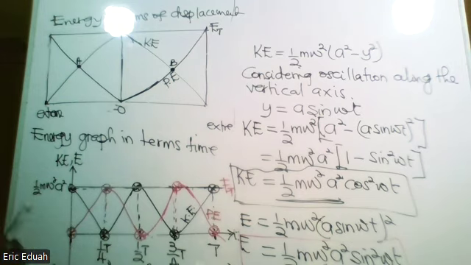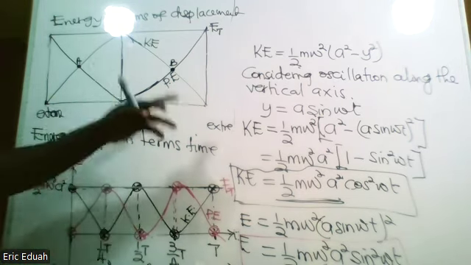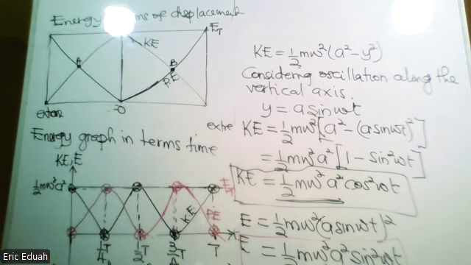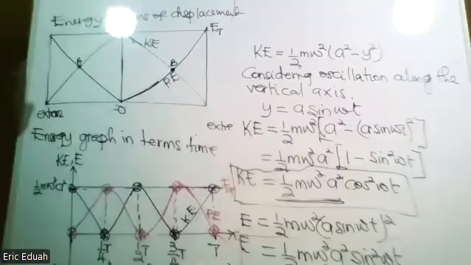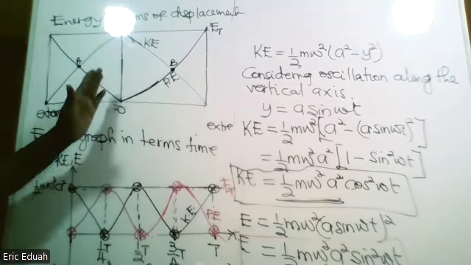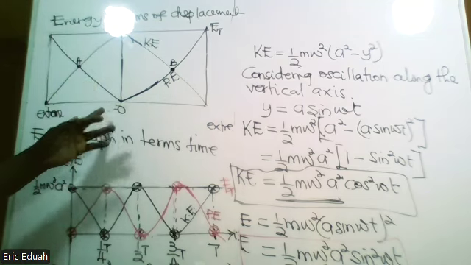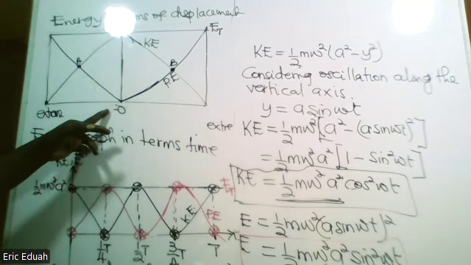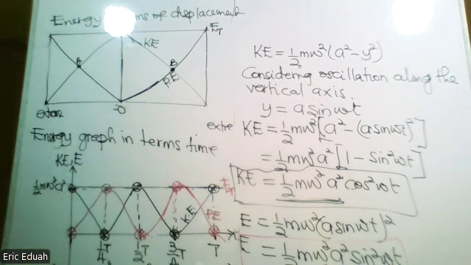Okay, energy interchangeability, potential to kinetic, kinetic to potential. At the extreme, total mechanical energy is equal to the potential energy. At the mean point, total mechanical energy is equal to the kinetic energy and vice versa.